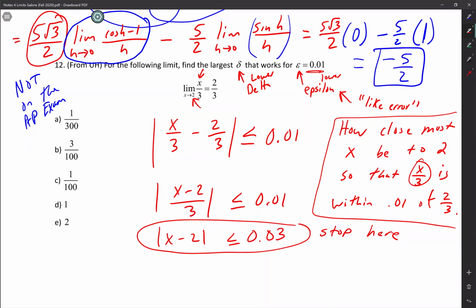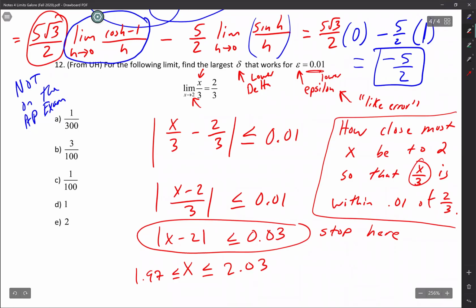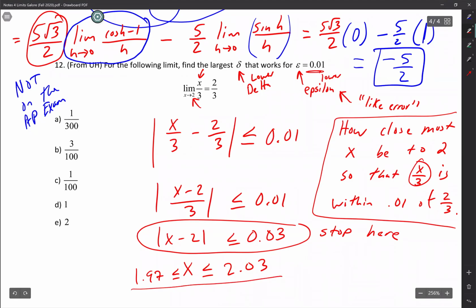But if they wanted the x values, plus 2, so x is within 2.03. And then what's 0.03 minus 2? Is it 1.97? So if they wanted the x values, x has to be between 1.97 and 2.03 to be within 0.01 of 2/3. That's what it means. Stop here. That 0.03 is the answer. And that's 0.01. Letter B.